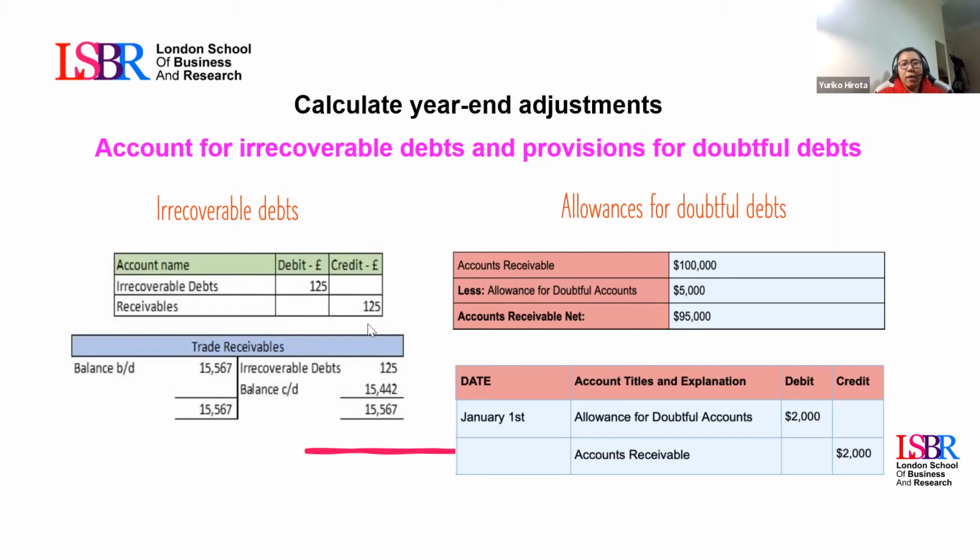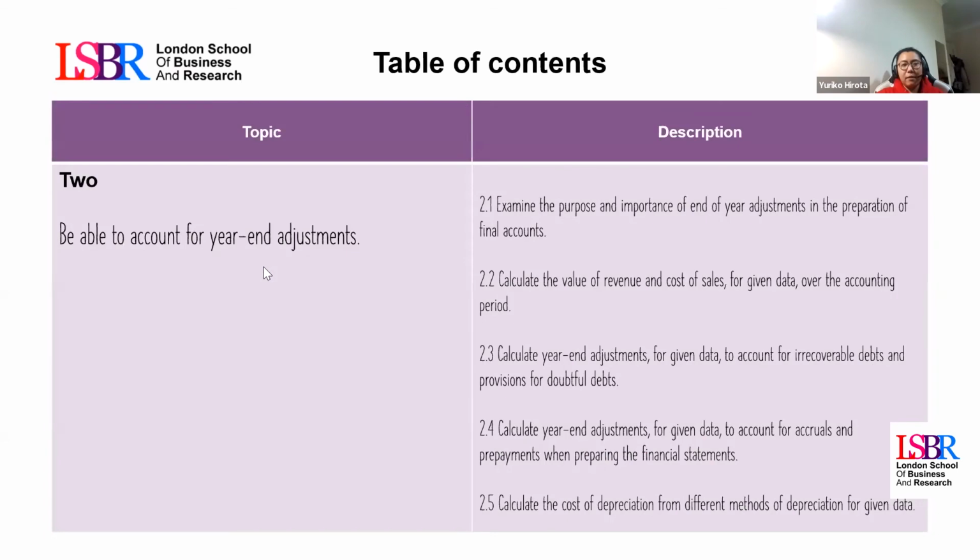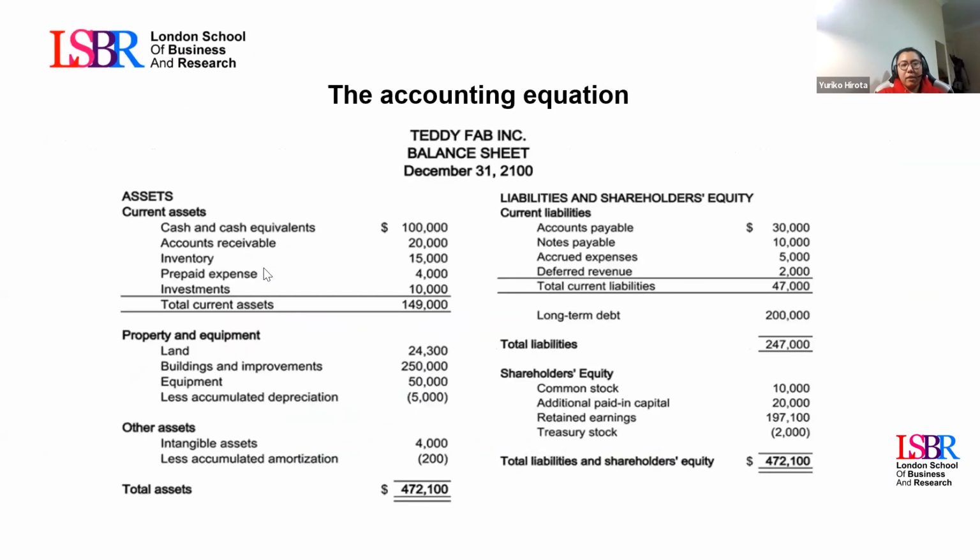So this is the way in which we can affect the accounts in the case of irrecoverable debts. If we go to the financial statement, normally in that section we have accounts receivable, and our irrecoverable debt.